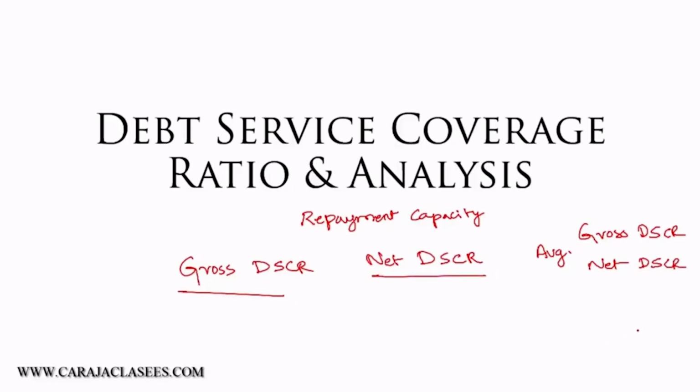So what is gross DSCR? What is net DSCR? Let's see. When we say gross DSCR, we are going to consider the gross cash flows available for servicing the total repayment obligation. So we can say gross cash accruals. So what is gross cash accruals?